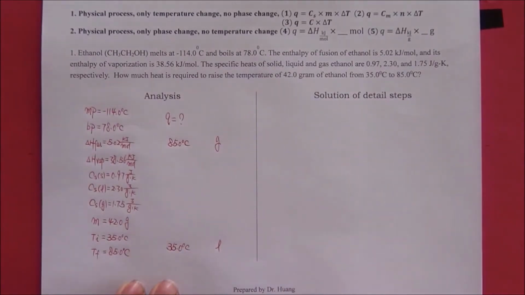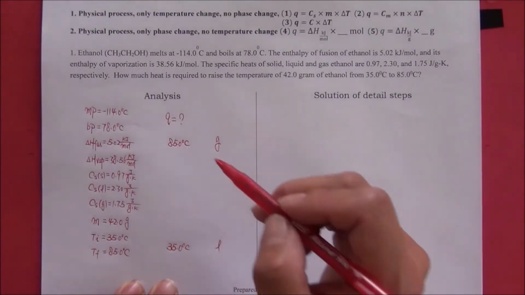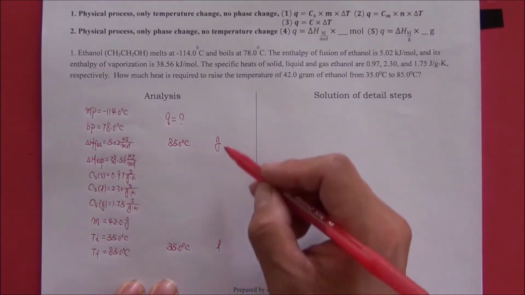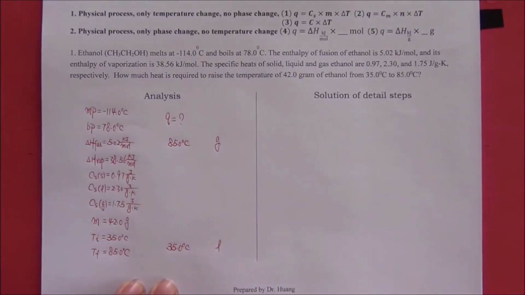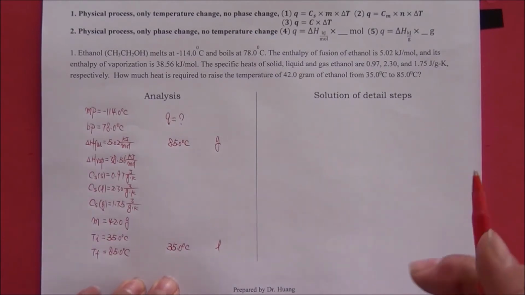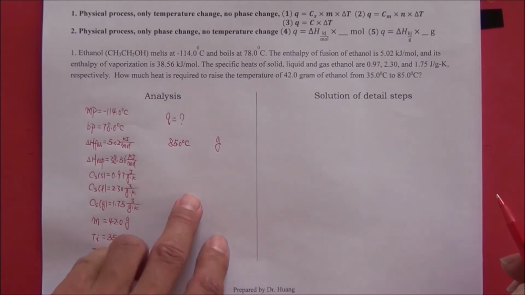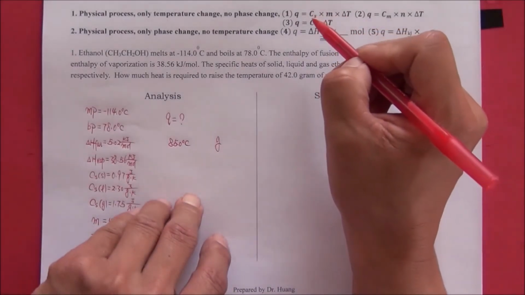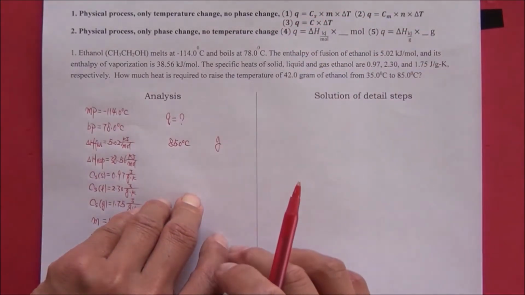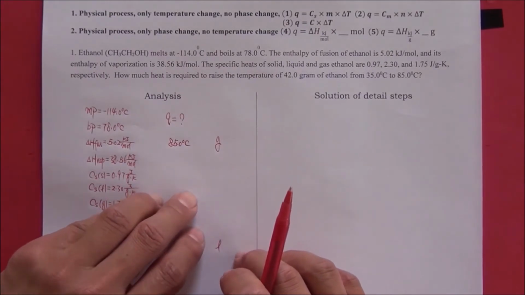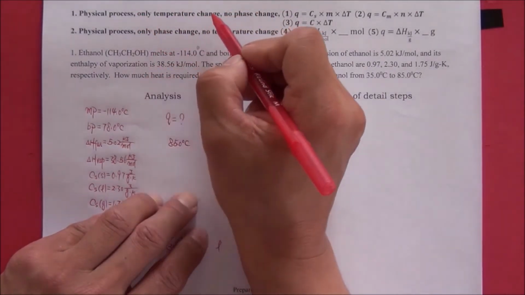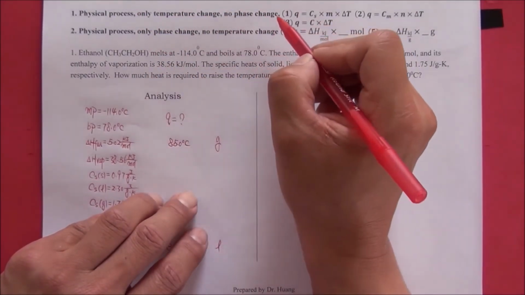As we can see here, during this process, we have both temperature change and phase change. But remember, we have two sets of equations to calculate the heat. The first set of equations can be used whenever there's only temperature change, but no phase change.